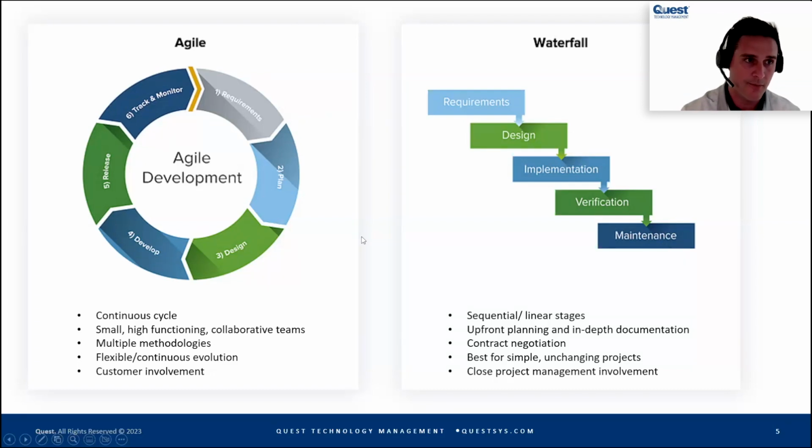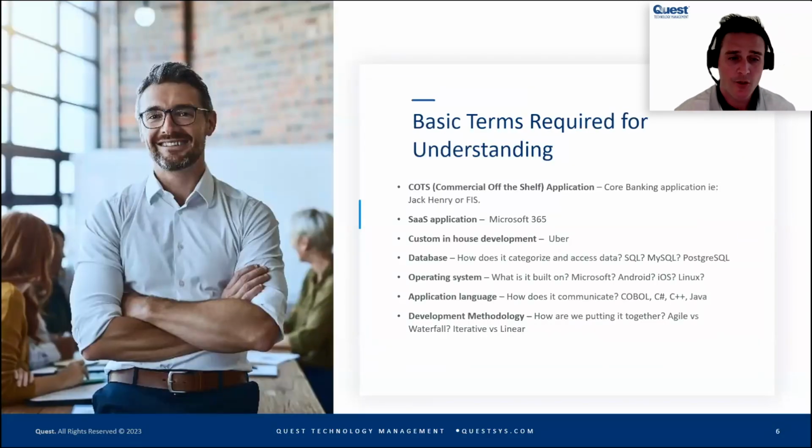So these are some of the different methodologies people will jump on when they're building out different programs. They can run these in-house, or they can run them as third parties. Quest is a third party, obviously, that can act as an extension and help operate these different development practices.